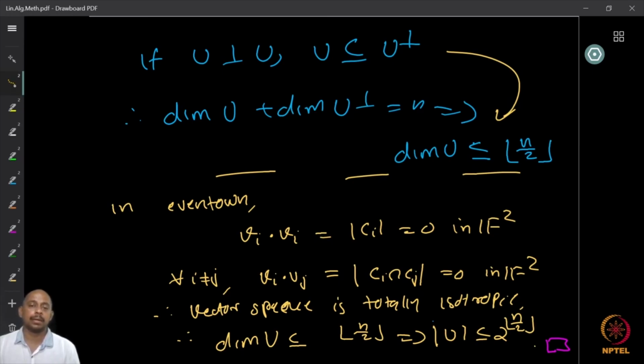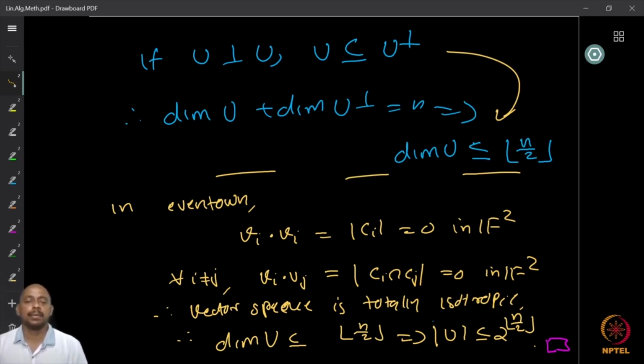Because the dimension of U is less than or equal to the dimension of U perp, and the sum is n, the dimension of U is less than or equal to floor of n by 2. These are very basic results you see in the first few chapters of a linear algebra book.